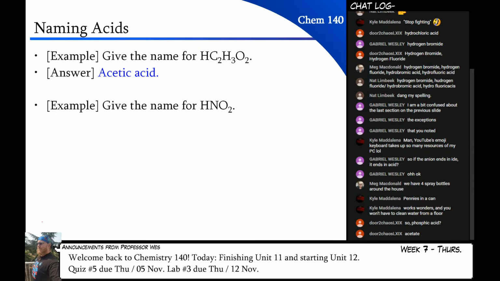Let's do another one. What's the name of this? So again, I got to split it into my ions, so I'm always going to have H plus for acids. I'm going to have everything else as my anion, so I got to make the opposite charge. And then what is this called on your polyatomic ion chart?